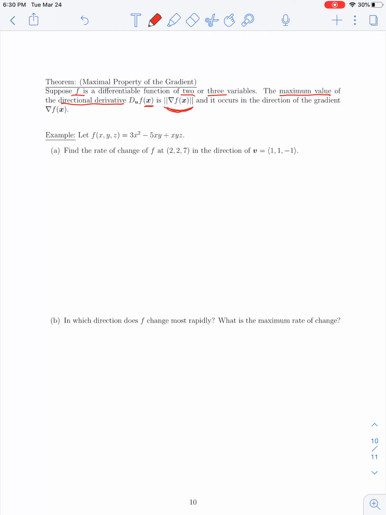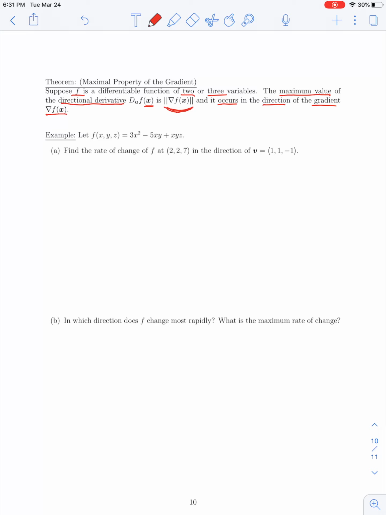So the maximum rate of change of our function at some point is given by the magnitude of the gradient vector of the function at that point, and the direction in which the maximum rate of change occurs, so the direction that we need to move to achieve the greatest rate of change for our function is in the direction of the gradient vector itself.